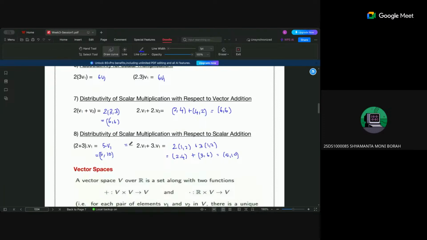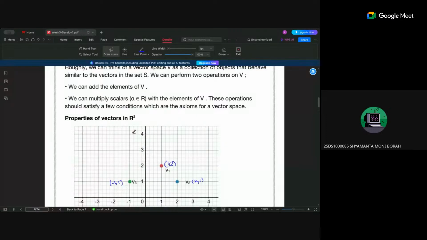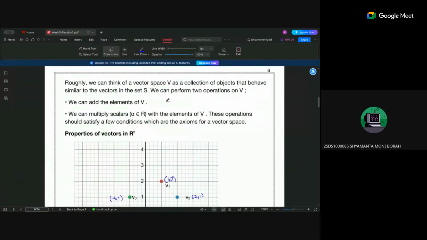So what are the properties we have observed for the basic space R2? For R2, first of all, vector addition and scalar multiplication are defined. We have seen vector addition and scalar multiplication in week 1. Do you remember?